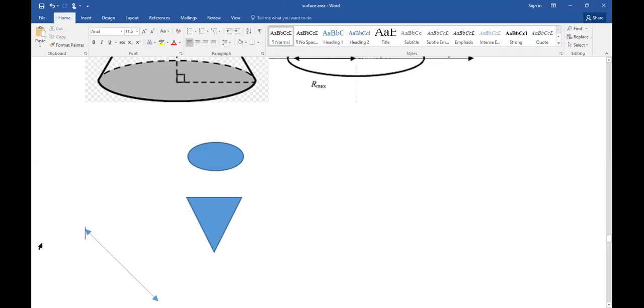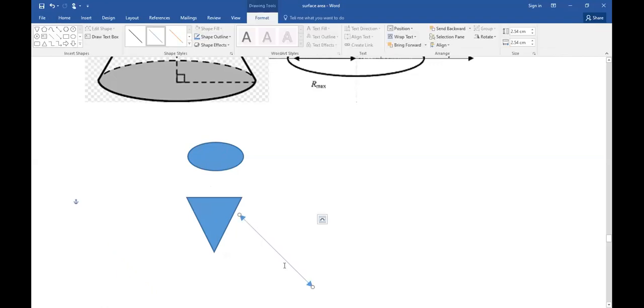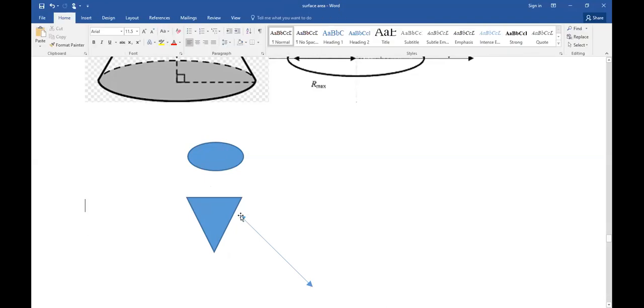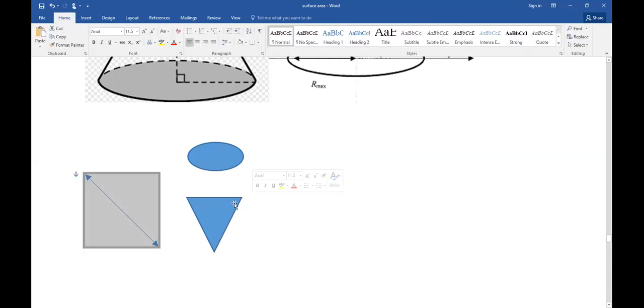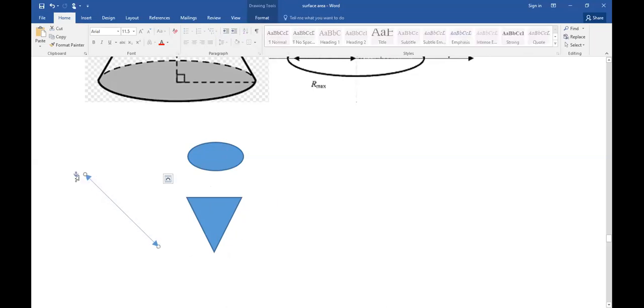So this distance here that you can see I've already highlighted, this is what we call the slant height.